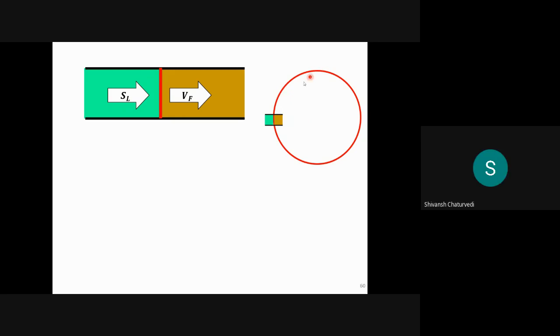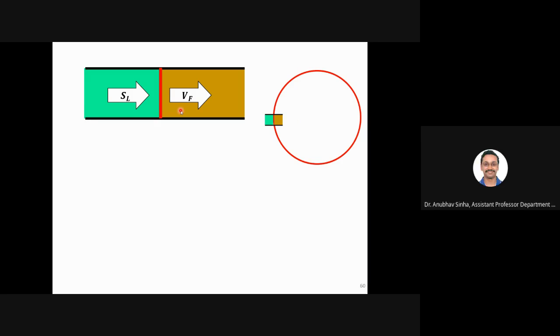In this case, the fuel is approaching the flame. Here fuel is outside, burned gases are inside. So this is moving out with what speed? SL or VF? Now you tell me. SL.